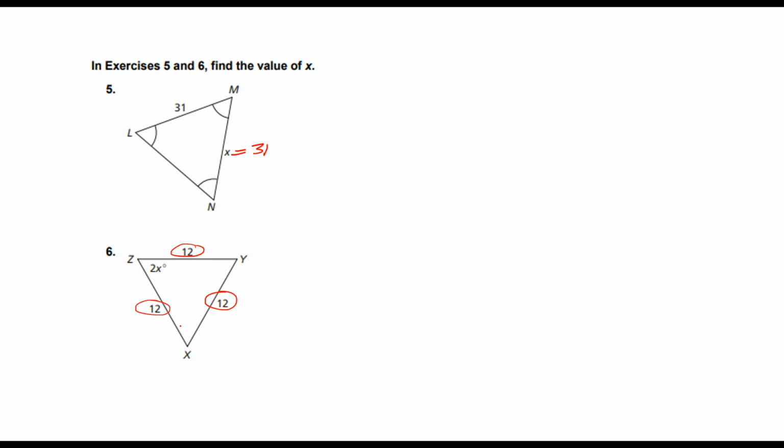So I know that all 3 of these corners have to be the same, and they have to add up to 180. So if 6x equals 180, then x would have to be 30. 6x is the sum of these 3 corners, and 3 corners of a triangle have to add up to 180.